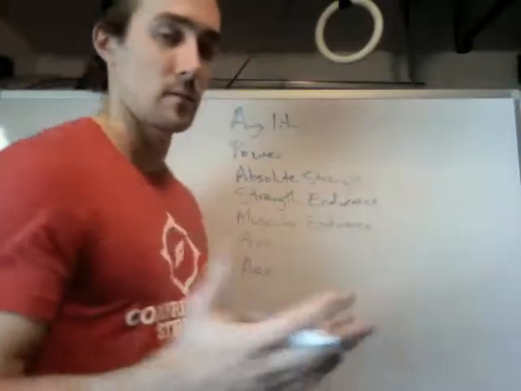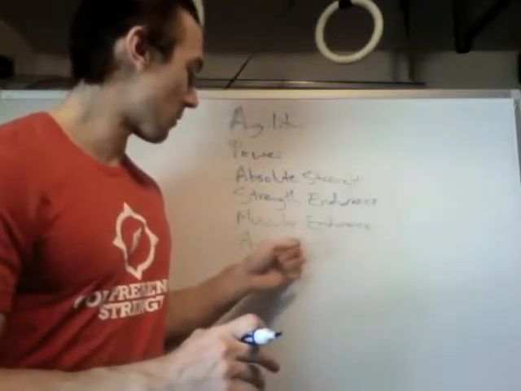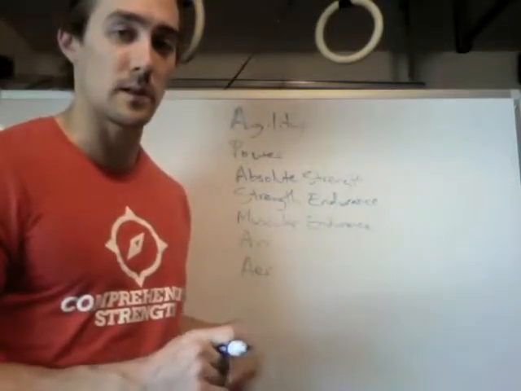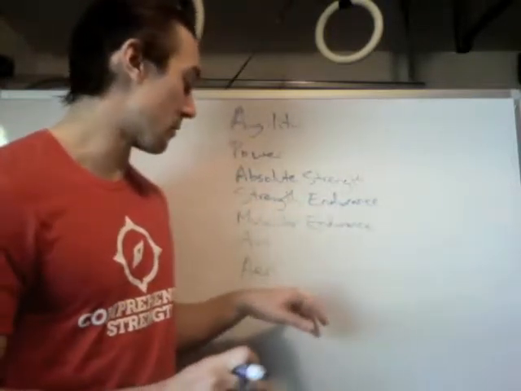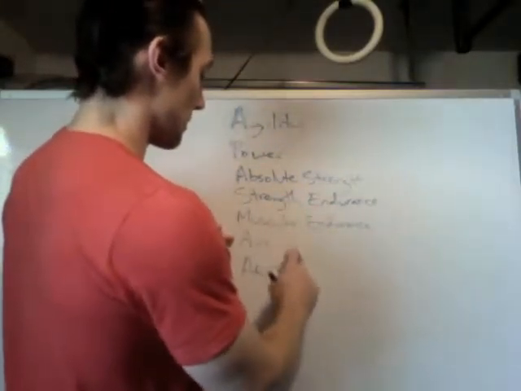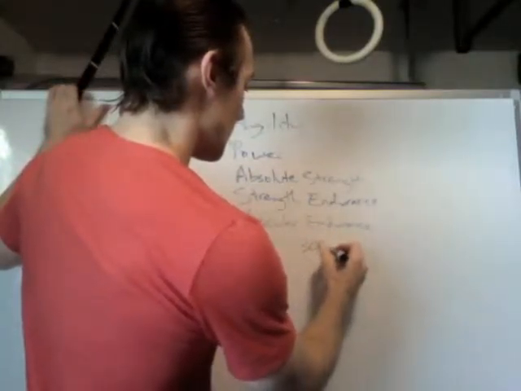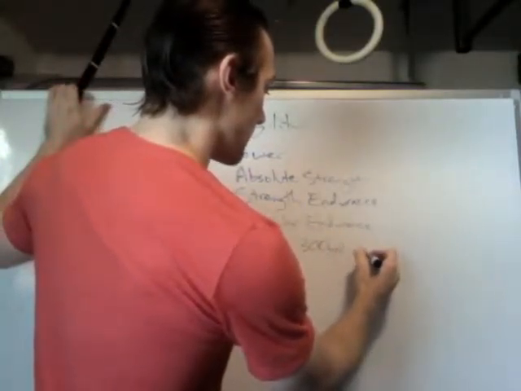And again, the order is simply because the anaerobic work is going to interfere less with the aerobic work than the aerobic work would with the anaerobic work. I mean, to provide you an example, a lot of times what you might see is something like a 300-yard shuttle test.